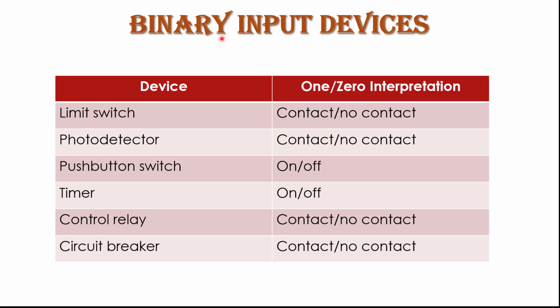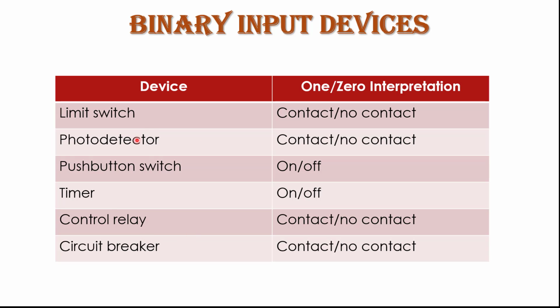Now, which devices are used as input devices and which as output devices? The binary input devices used in a PLC are limit switches, photodetectors, push button switches, timers, control relays and circuit breakers.